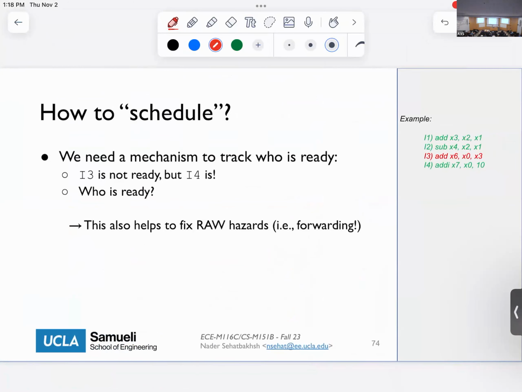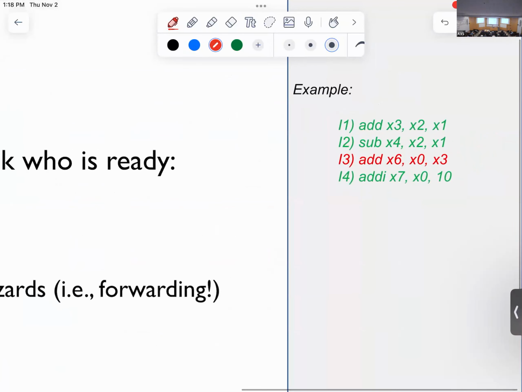Okay. So in order to understand scheduling, let's look at this example, where we have add x3, x2, x1; add x4, x2, x1; add x6, x0, x3; addi x7, x0, 10. As you can see, there is a RAW data hazard between this one and this one.